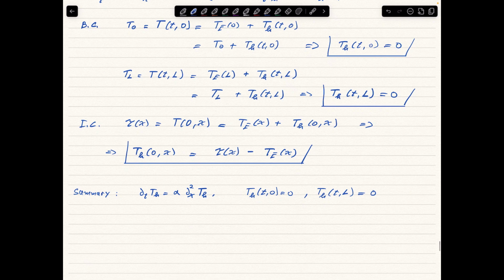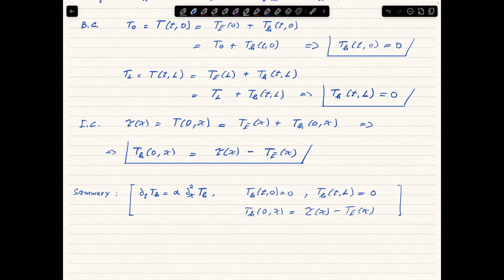And the initial condition is that the temperature at the initial time, 0, x, is given. But now it's given by this function, the original temperature minus the equilibrium temperature. But it's given. So this is the problem that TH has to solve.